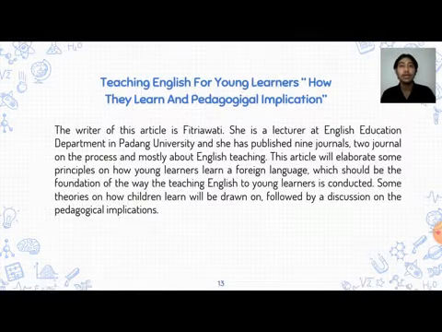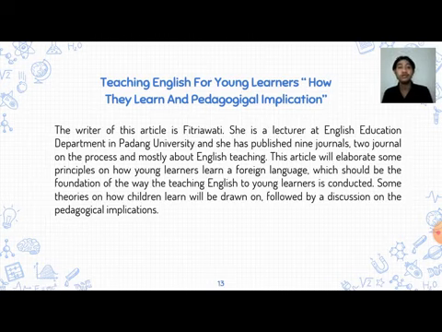Next is "Teaching English for Young Learners: How They Learn and Pedagogical Implication." This article was written by Fitriati. She is a lecturer at the English Education Department, Padang University, and she has published 9 journals, mostly about English teaching.